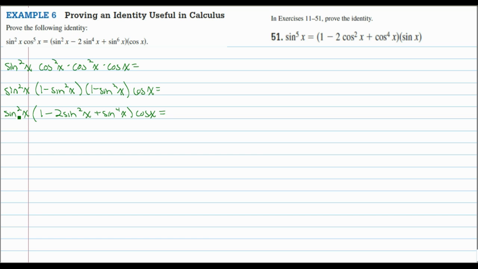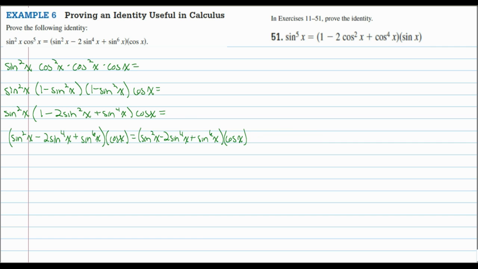Here's your sine squared factored out, and now we're going to distribute it in. Sine squared x minus 2 sine to the fourth of x plus sine to the sixth of x times cosine of x equals exactly what I wanted it to.